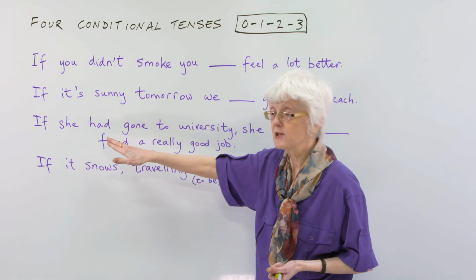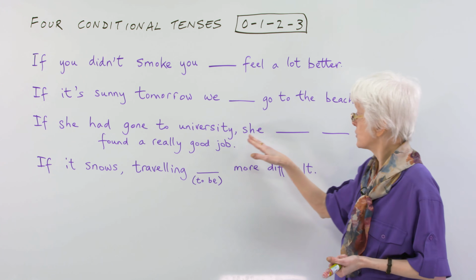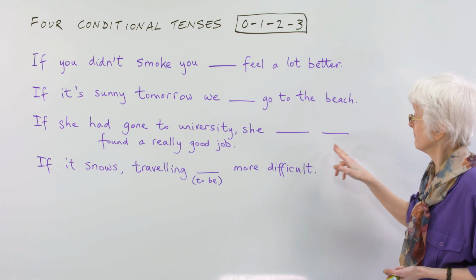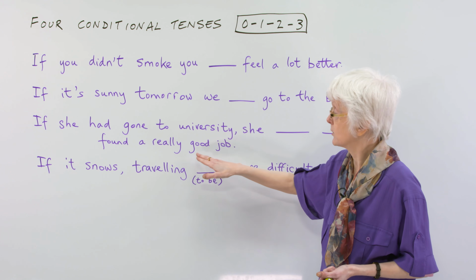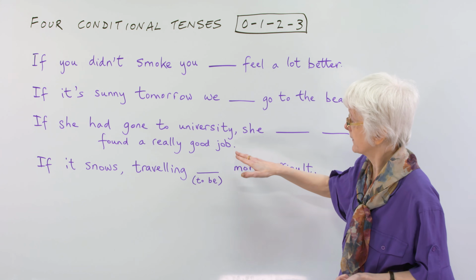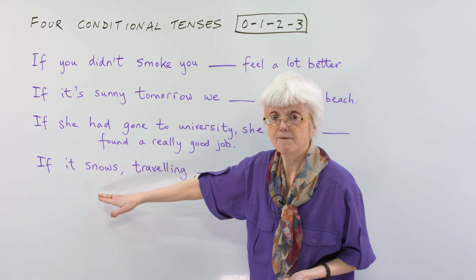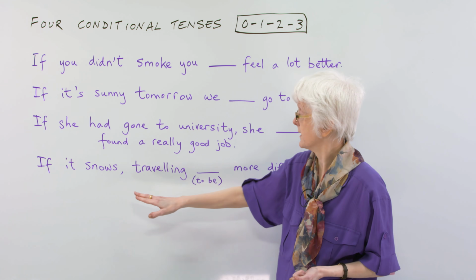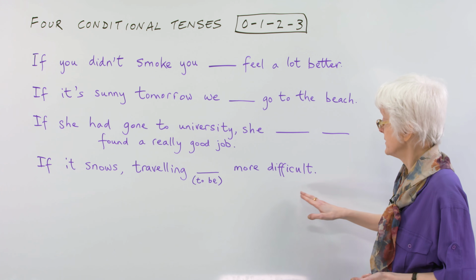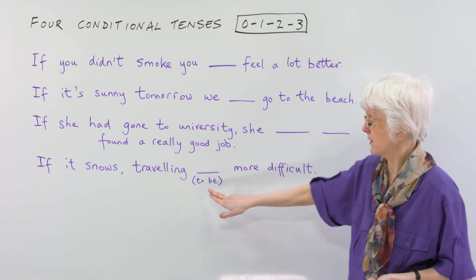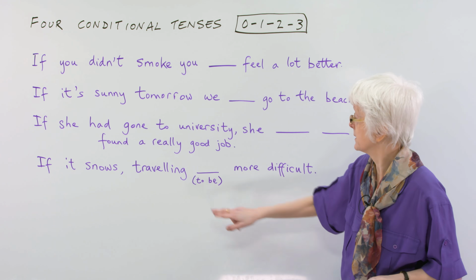If she had gone to university, she ___ found a really good job. Okay. And then finally, if it snows, travelling ___ more difficult. And a form of the verb to be goes in that gap.